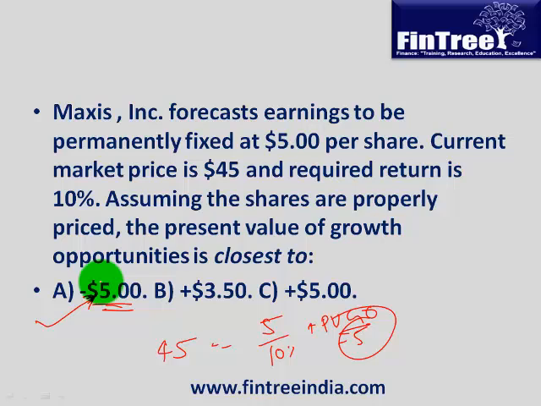But yeah, what it means is that markets are of the opinion that the company would have a negative growth. A negative PVGO means company will have negative growth, and therefore compared to current earnings, the subsequent earnings would be lesser. And because of those lesser earnings, I don't want to assume current earnings, so reduce something from there. So yeah, negative PVGO, we can't call this a value stock.